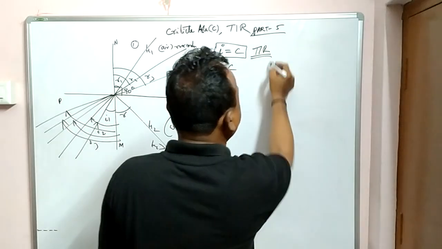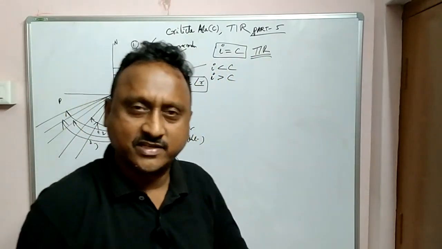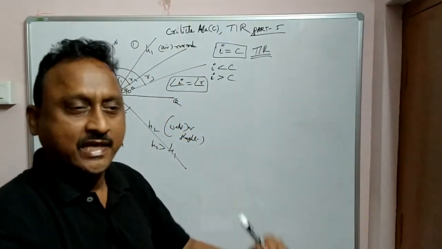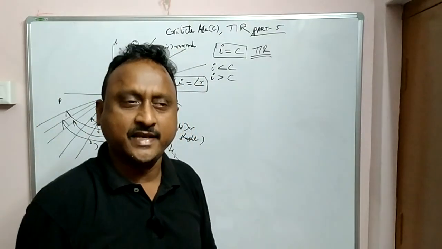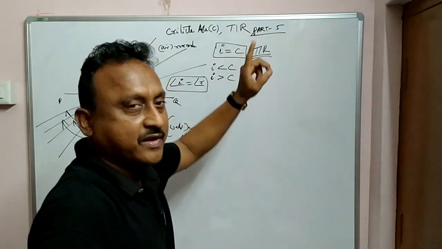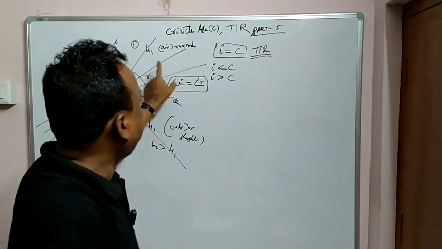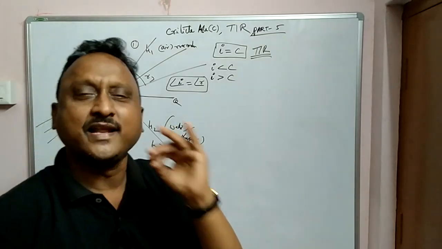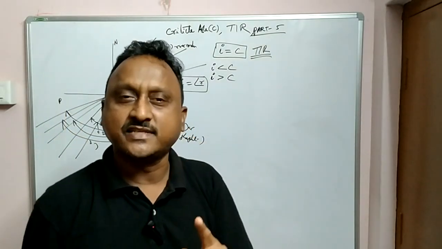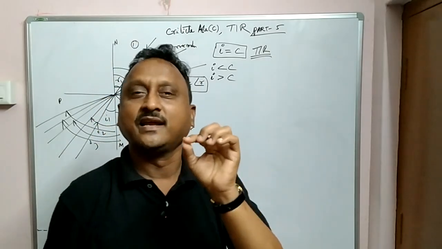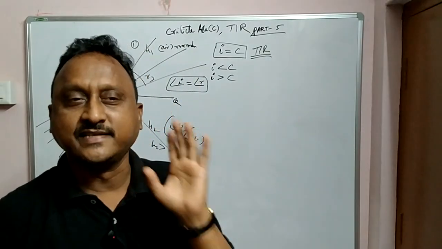The main things you have to remember: if the light is incident in the denser medium, and the incident angle is less than C, light is refracting. C means critical angle. Now what is critical angle? The angle of incidence in the denser medium for which the refraction angle in the rarer medium is 90 degrees with the normal, or grazing the surface.